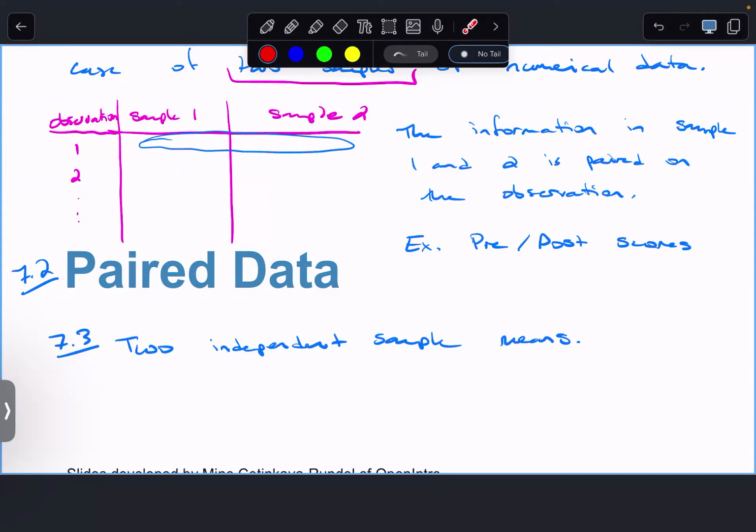Well, I can look at the difference between observation 1 and observation 2. So sample 1, sample 2 for each child, or we are going to talk about the students. So for each observation, and then what do we have? Now, if I've calculated the difference, then I have one sample of differences, and that's going to be what we're doing today, which puts us back to one sample means. It's just that we're analyzing the differences instead of just the raw data.